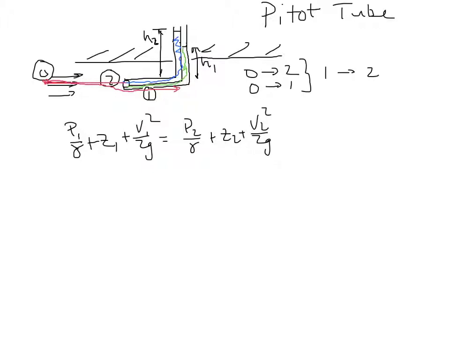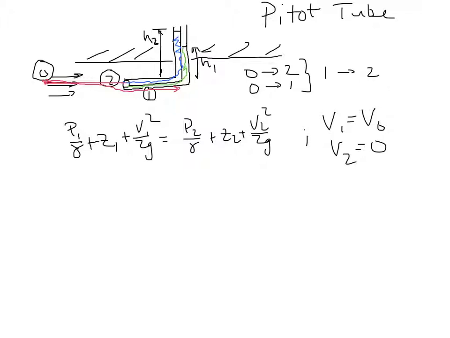Now, note that V1 is equal to the approach velocity V0, the same velocity that's going by upstream, and the velocity at point 2 is equal to 0 because it's in the stagnation point on that stagnation tube.